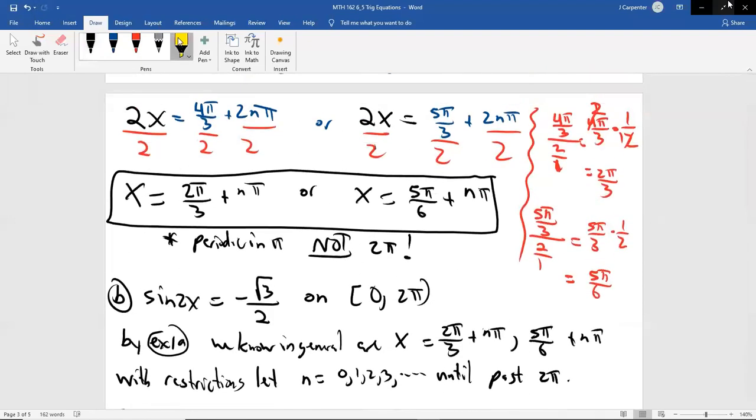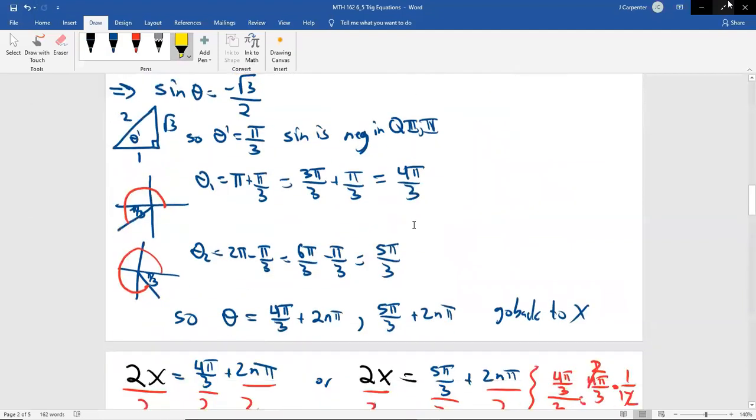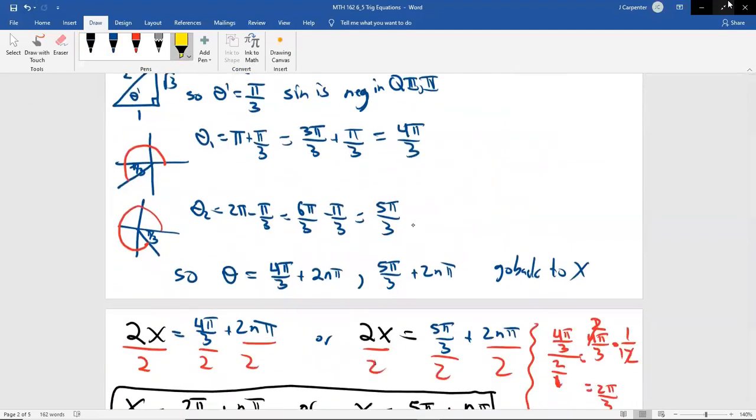So when the inside is not just an x or a theta or a y or just a single letter, if there's a multiplier there, it complicates things more than anything else in this entire section, in my opinion. Because you have this substitution to run through, you have to make sure that you add your periodic nature at the appropriate point.